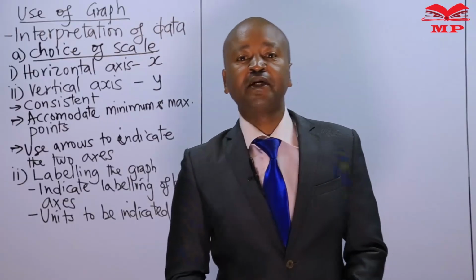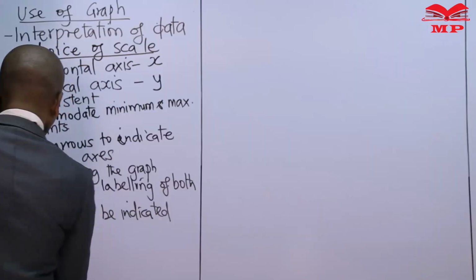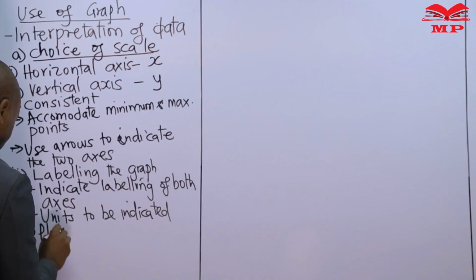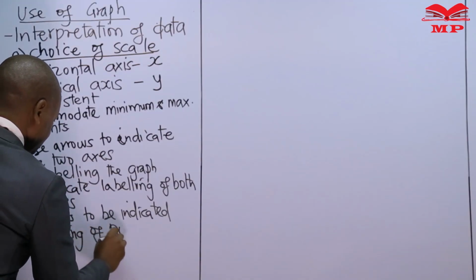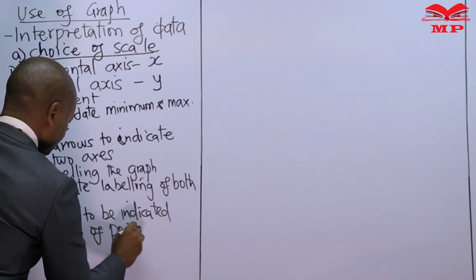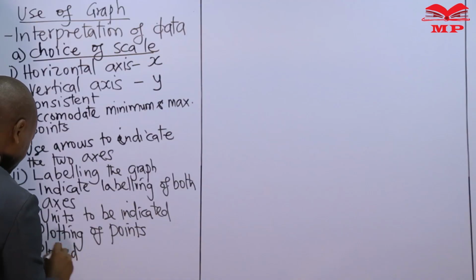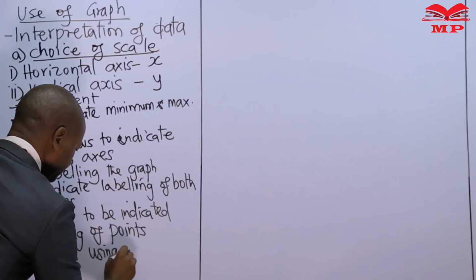The third aspect is plotting. Plotting now the points on the graph once you have identified the scale. So we have the plotting of points. So the points are plotted using a dot.